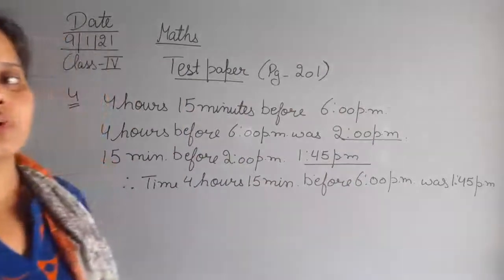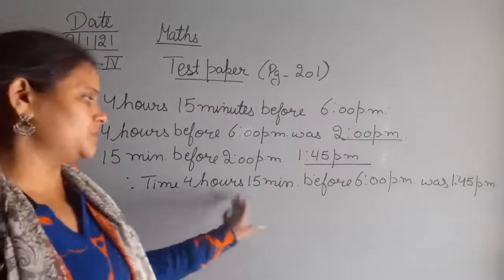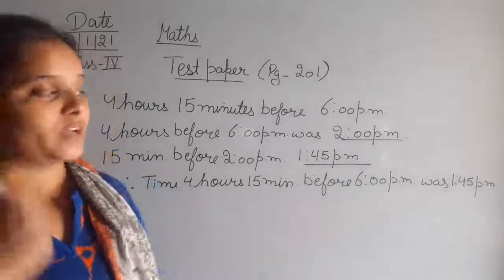Okay, so therefore 4 hours 15 minutes before, therefore time 4 hours 15 minutes before 6 PM was 1:45 PM.